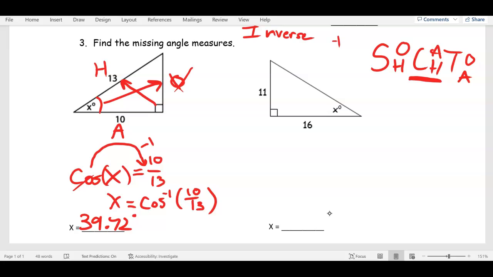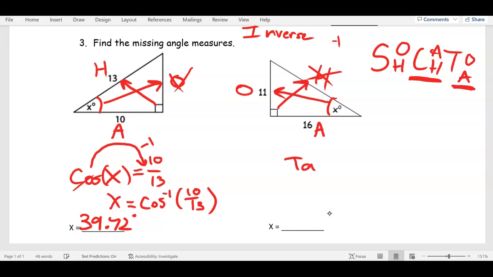Okay. Last one, same idea. Starting at x, I'm going to label my angles. Okay, my sides O, H, A. I don't need that H, right? So OA is going to be TOA.